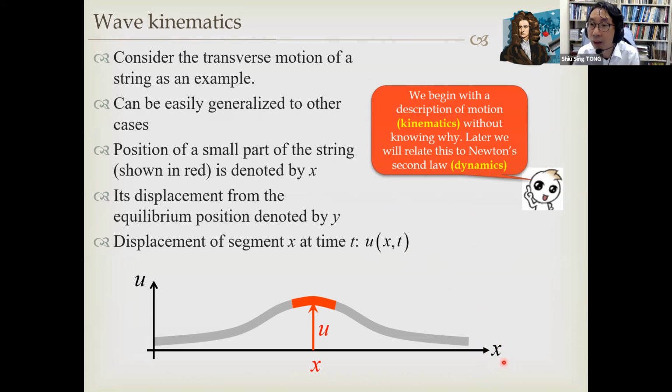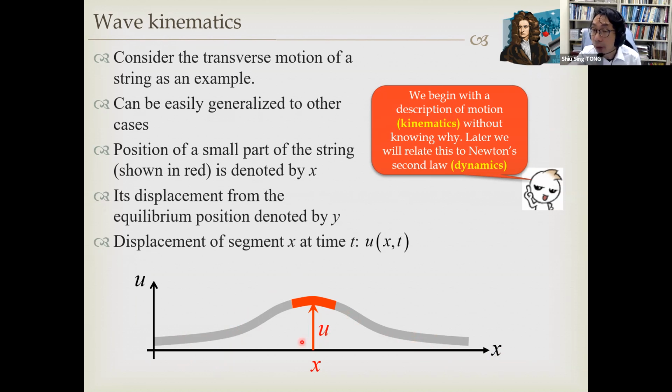X is no longer the time dependent coordinate. It is just a label that shows different positions along the string. So X equal to 1 always refers to this part, X equal to 2 always refers to this part, and so on and so forth. It's just a label along the string and nothing more. It's not a function of time. It only labels a particular part of the string.